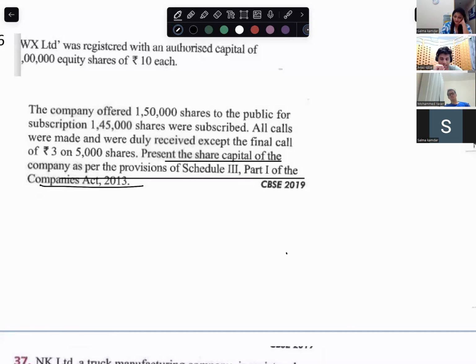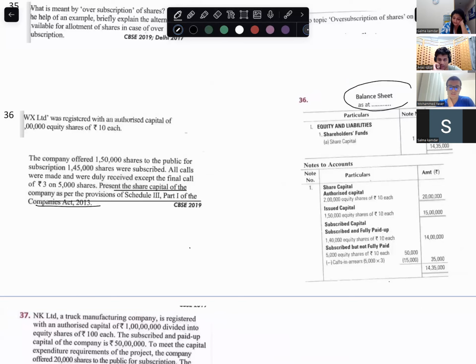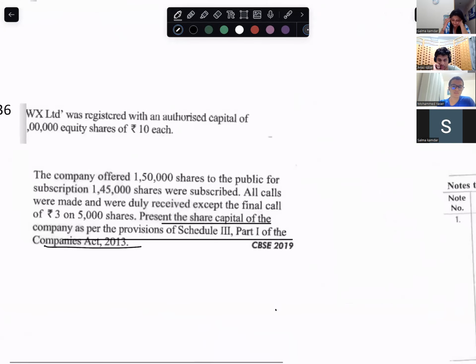Come on, tell me, first what will we write? First we will write the balance sheet, in the books of WX Limited, balance sheet extract, as at. Then we write equity and liability, shareholders' funds, then share capital.